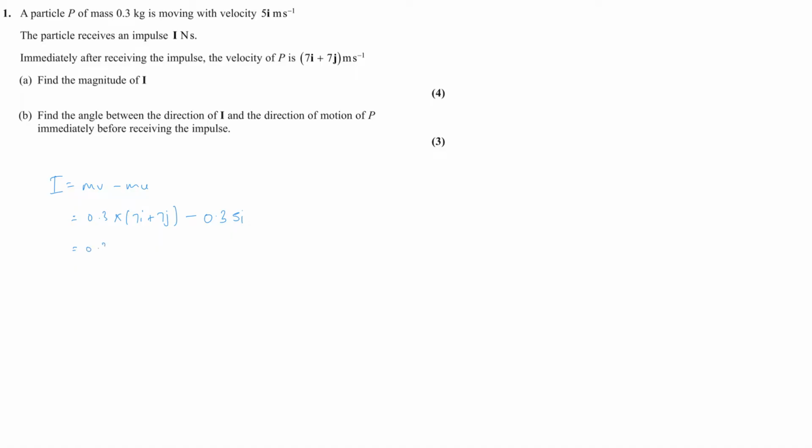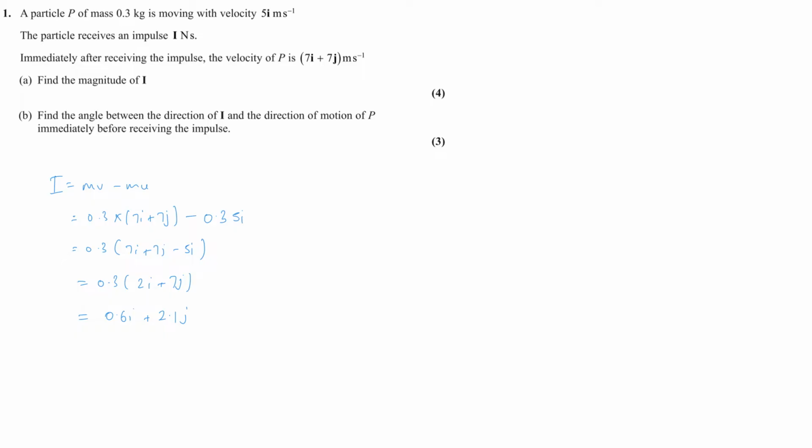Or we could write that as 0.3 multiplied by 7i plus 7j minus 5i. So 0.3 multiplied by 2i plus 7j, which is 0.6i plus 2.1j. Okay, so that's the impulse.